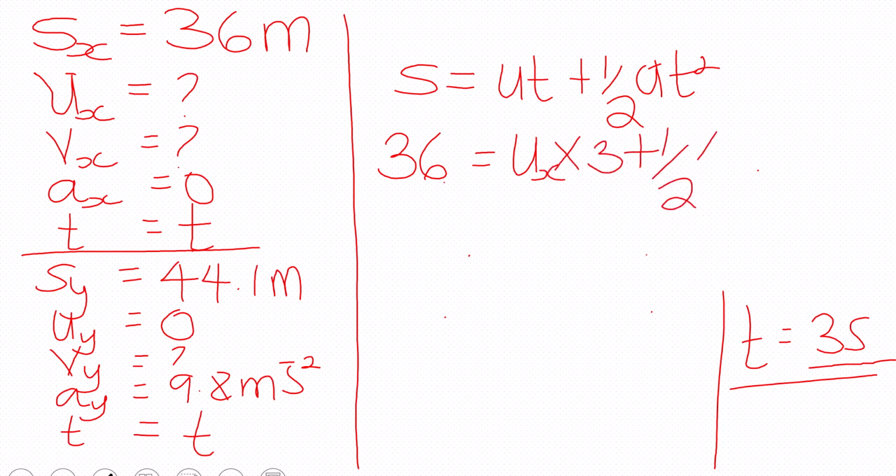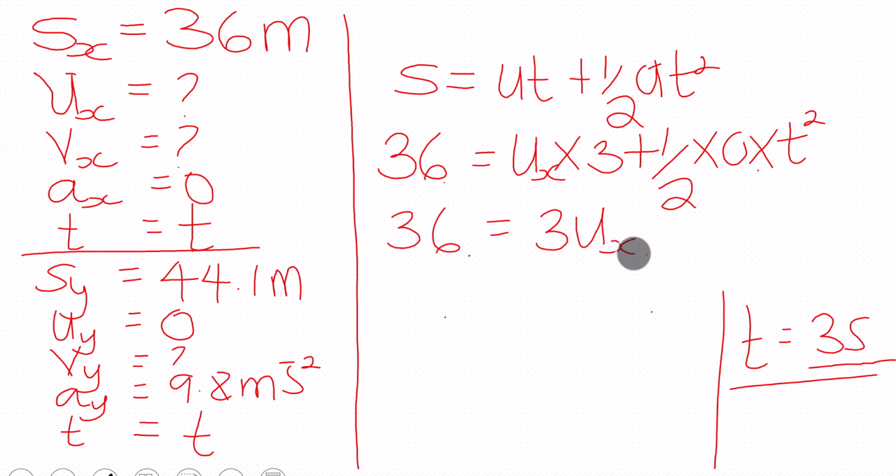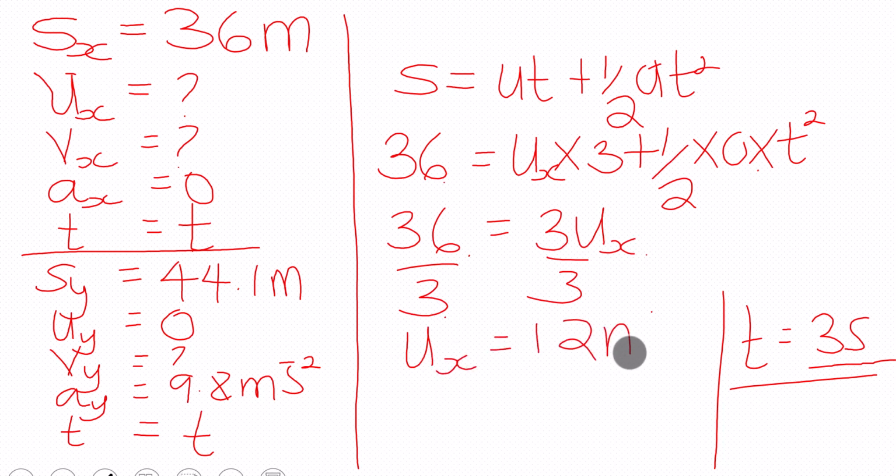We know we do not have acceleration in the x, so it will be 0 times t squared. So finally we shall have 36 equaling 3 ux. You divide by 3 on both sides, and u in the x will end up being 12 meters per second. So you can now conclude you have your initial velocity in the x direction.